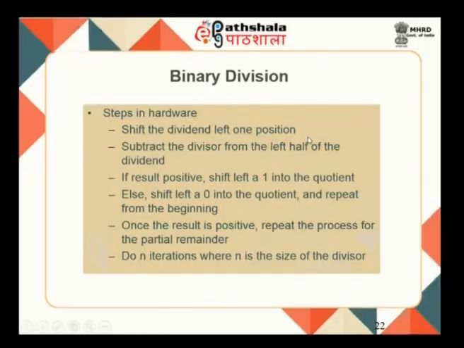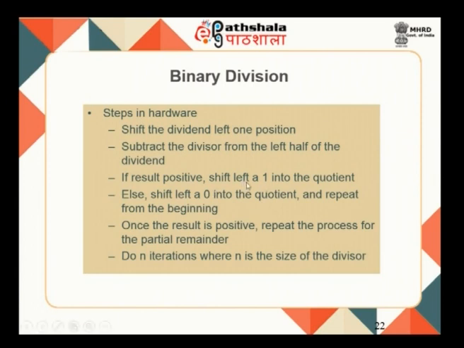So, if you look at the steps in the hardware, all you have to do is shift the dividend left by 1 bit position. So, you bring in the first bit of your dividend, subtract the divisor from the left half of the dividend. So, you are subtracting the divisor from the bit that you have shifted in, and if the result is positive, then you know that the divisor was equal to or less than the dividend that you considered.